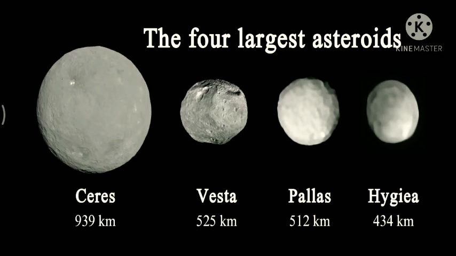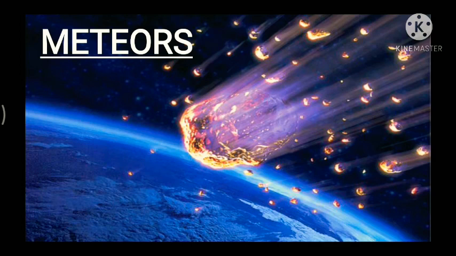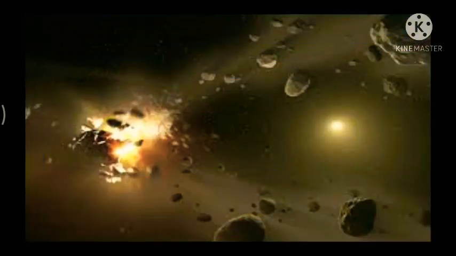Next we have meteors. Now what are these meteors? Meteors are small pieces of rock that revolve around the sun. That's the difference between meteors and asteroids. Asteroids are the broken pieces of an exploded planet, and meteors are small pieces of rock that revolve around the sun.